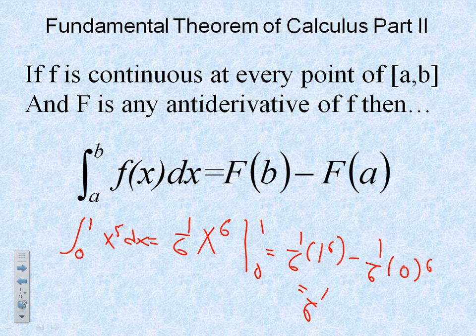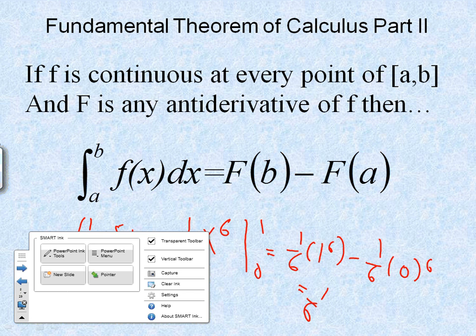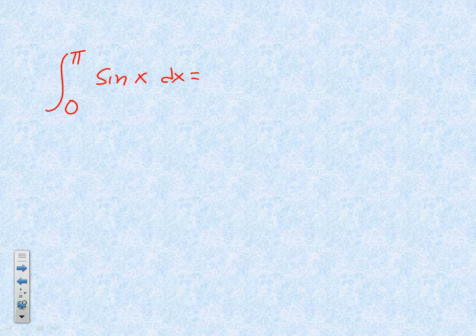Let me show you one more example if I can get a new slide to show up. New slide. The integral from 0 to pi of the sine of x dx. So I'm thinking of a function, and the derivative of that function is sine. What function was it?